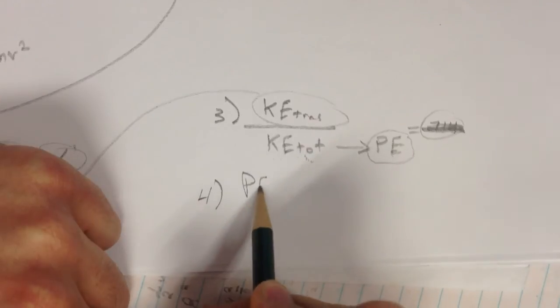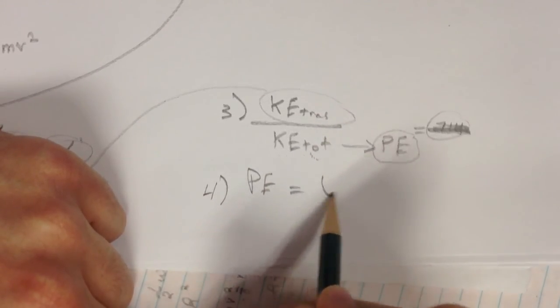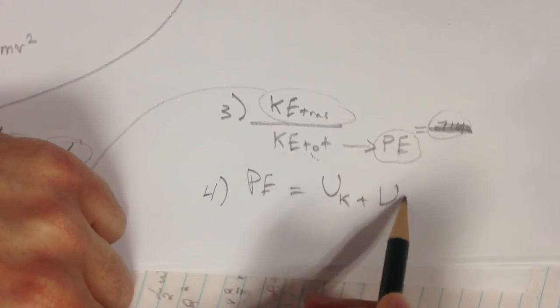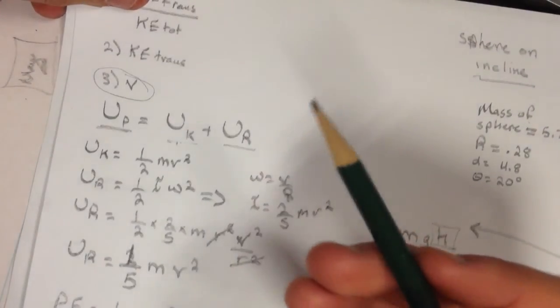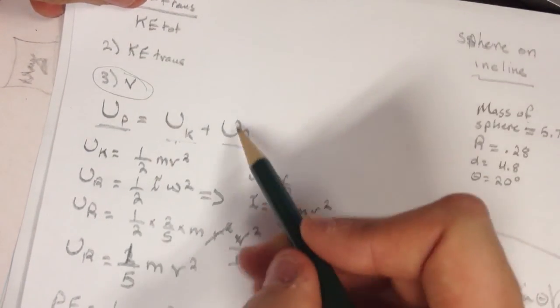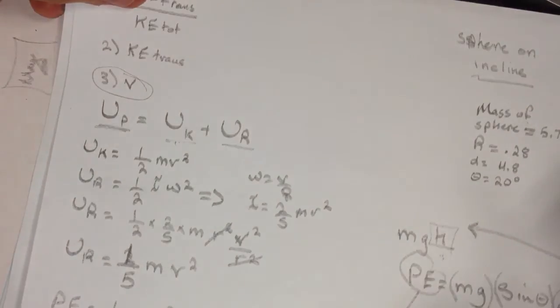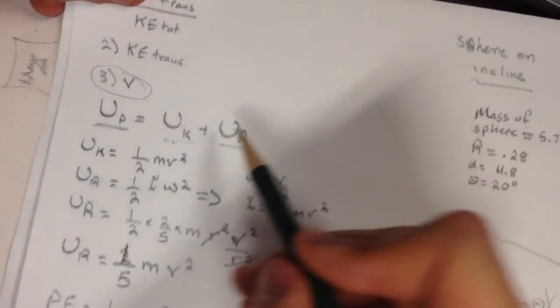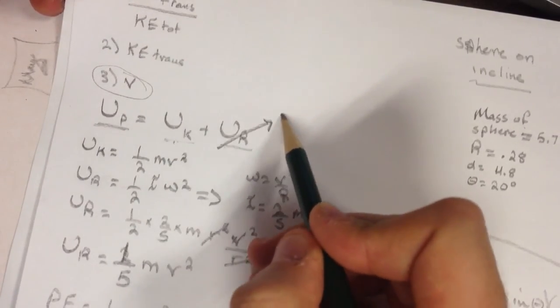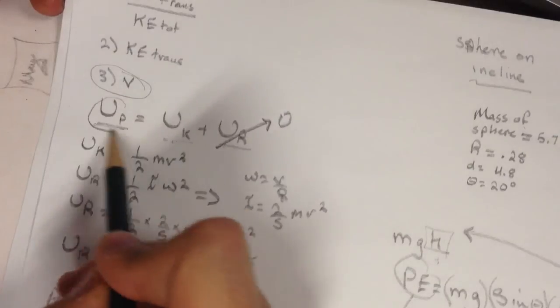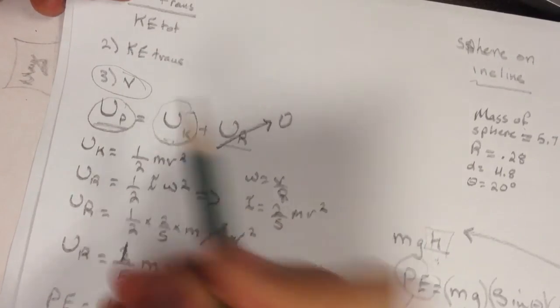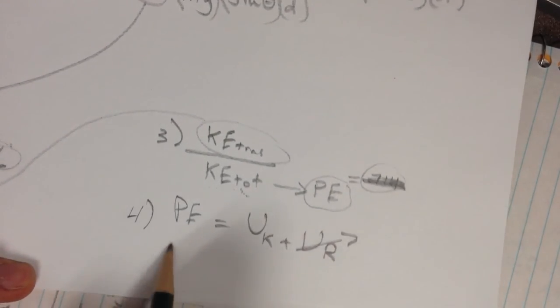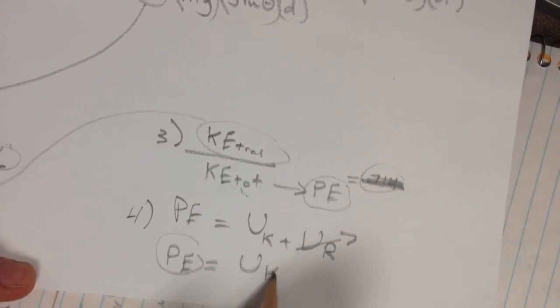The potential we said from the beginning was KE plus KR, but since there is no friction, there's no torque, so the sphere won't rotate and KR goes to 0. That means the potential will be equal to the translational kinetic energy, so just substitute the potential energy value back into KE.